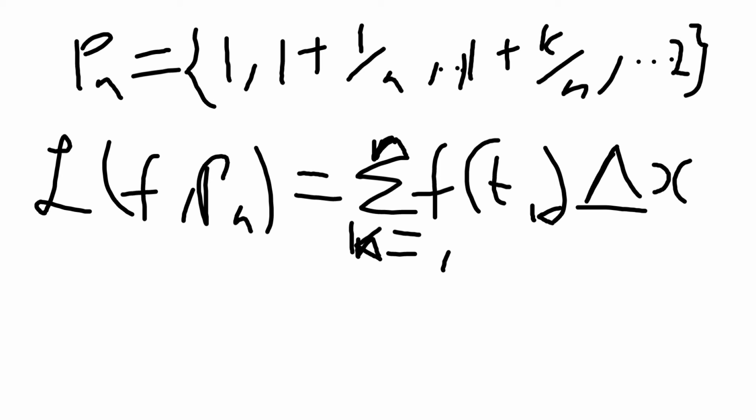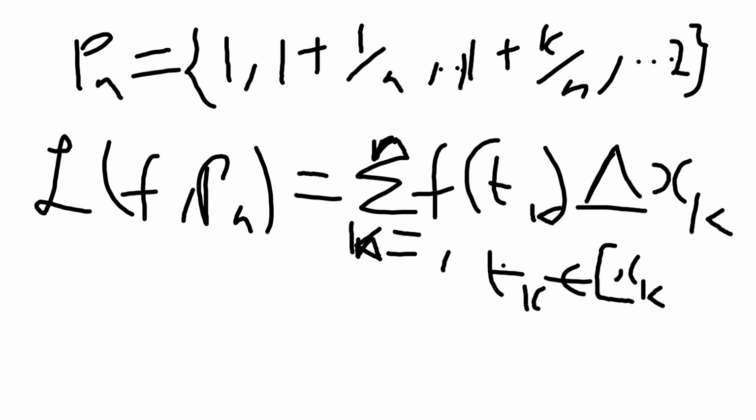And tk is taken from any subinterval of the partition, just any small interval we pick in the partition.